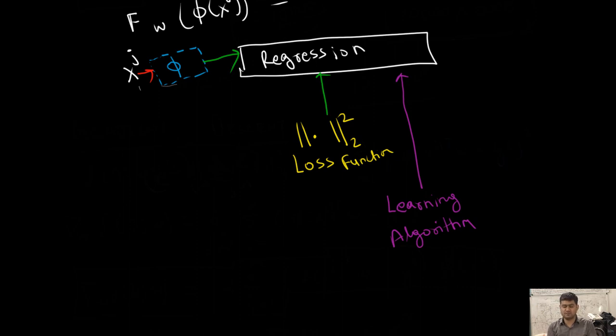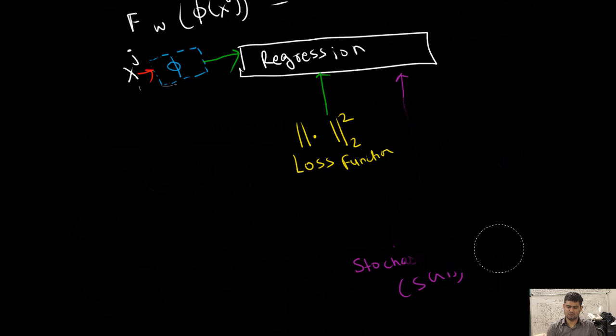So we'll just call it stochastic gradient descent, or simply SGD. Again, to make things simpler, we can just write this learning function as SGD.